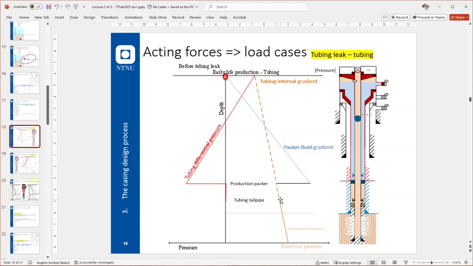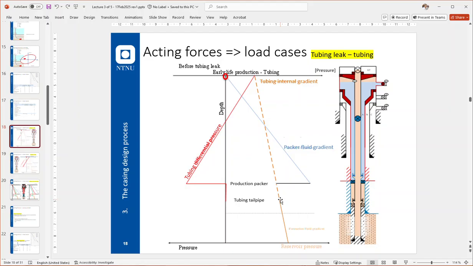In the annulus of the tubing, we have the packer fluid, and the packer fluid gradient is much more aggressive than the internal gradient of the tubing that is stapled. In red, we see the difference between the internal stapled gold curve and the blue one in the annulus.